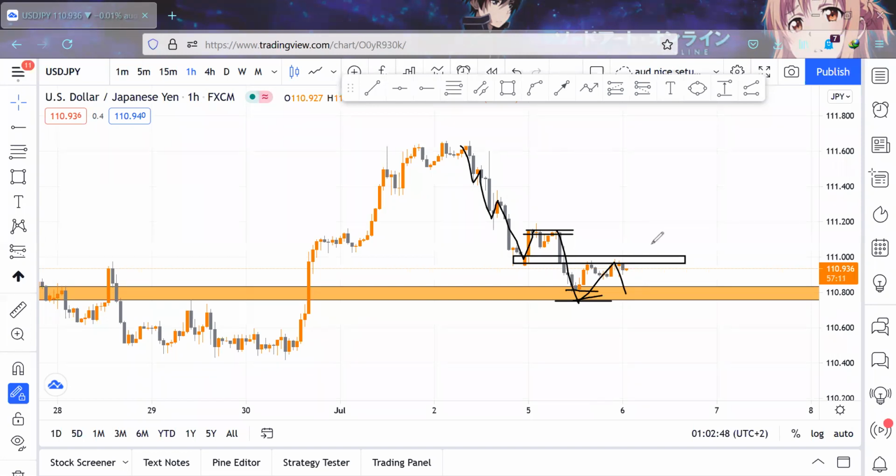When you wait for a level of structure to be broken and wait for the retest to happen at a level of structure, it will give you a pretty good risk reward ratio, where you know that your direction is to the upside. On the 1 hour time frame, this is your level of structure retest, and then you are waiting for another confirmation in the market to give you the confidence to enter the trade, right?